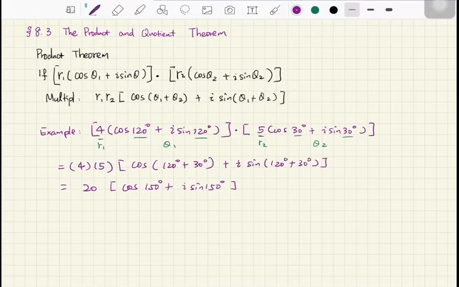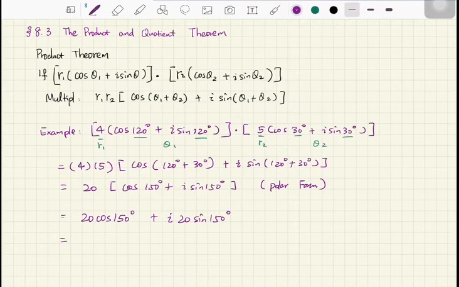And if the answer is going to be in the polar form, that's it. This is the answer. If the answer is wanted in the rectangular form, then you're going to continue to multiply. You got 20 times cosine of 150 plus i times 20 sine of 150.